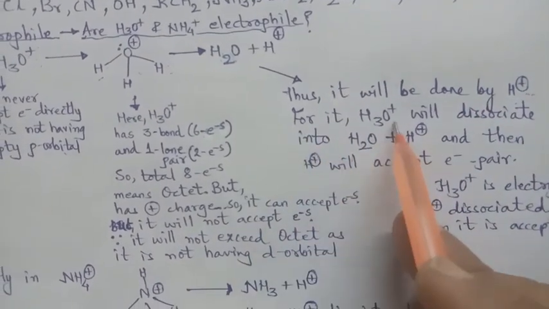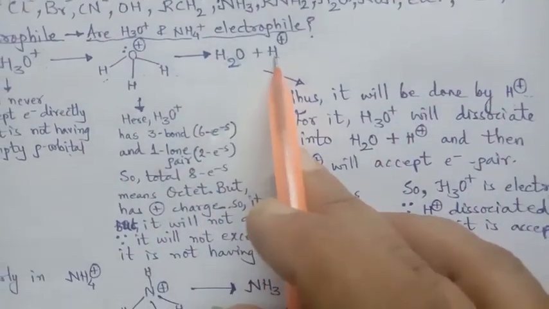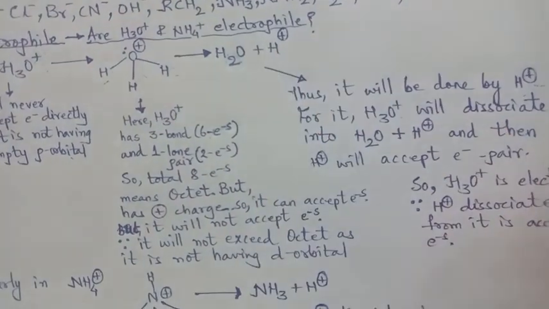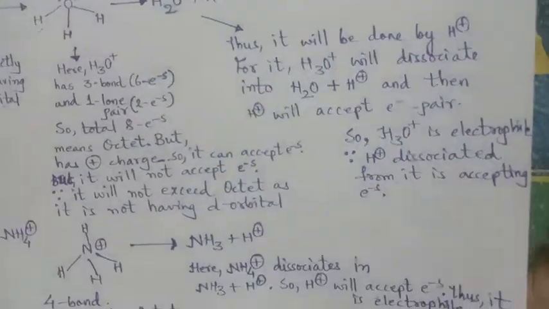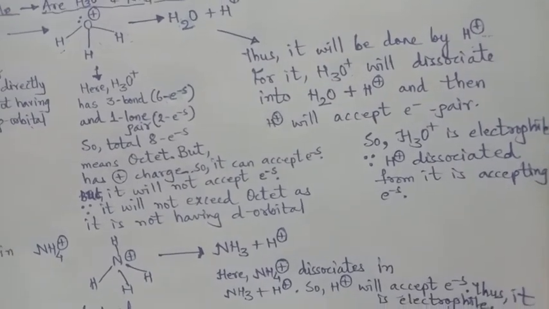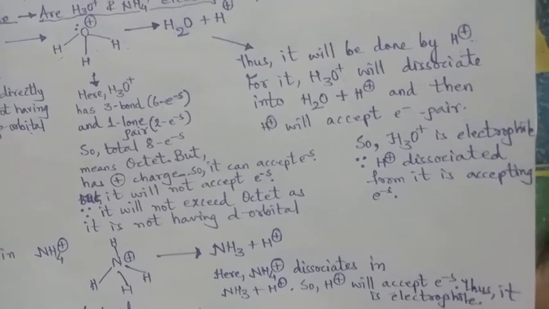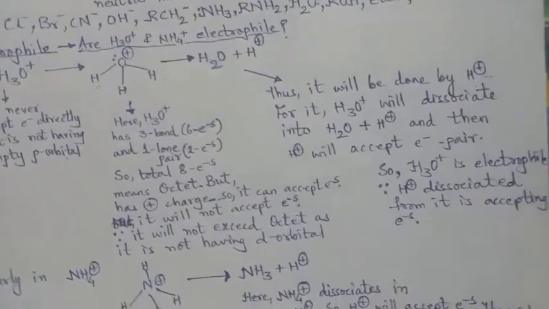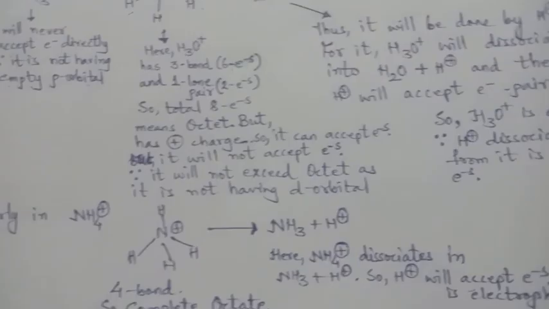For this, H3O plus will dissociate into H2O and H plus, and then H plus will accept the electron pair, and thus H3O plus is an electrophile because the H plus dissociated from it is accepting electrons. Directly it is not the electrophile.